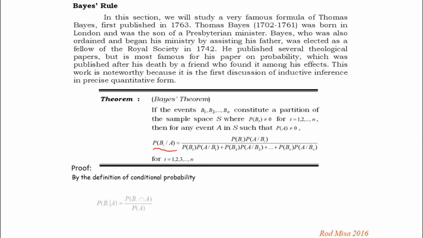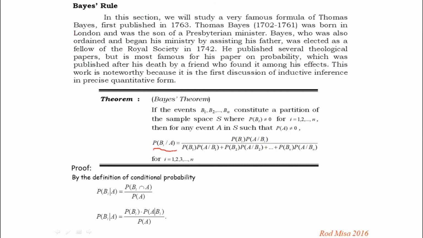We know that the conditional probability states that the probability of B sub i given A is equal to the probability of B sub i intersection A divided by the probability of A. But the numerator can be written as the product of the probability of B sub i times the probability of A given B sub i, by applying the probability of an intersection, because the two events are not independent here.